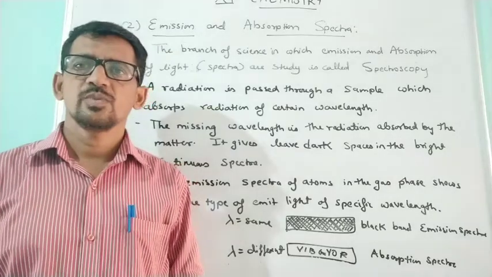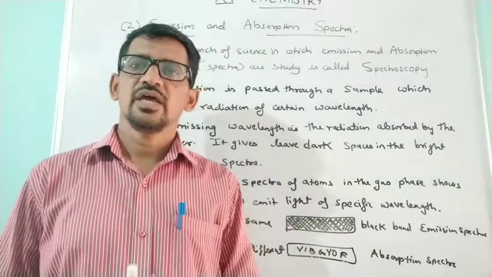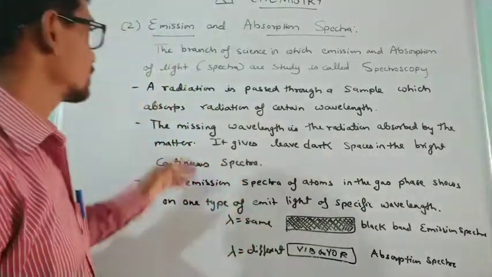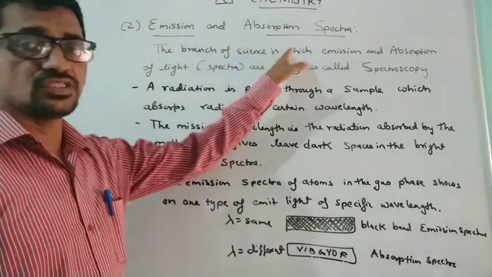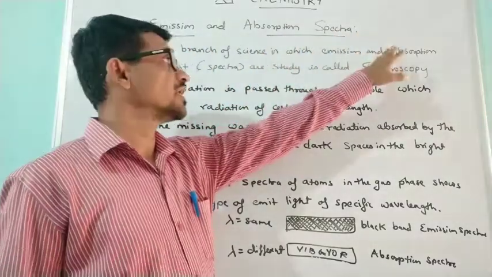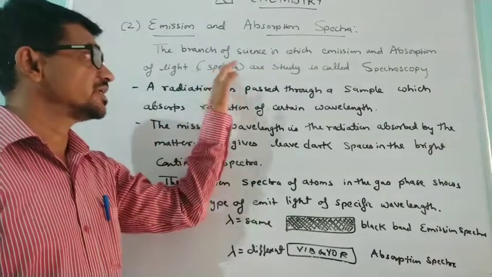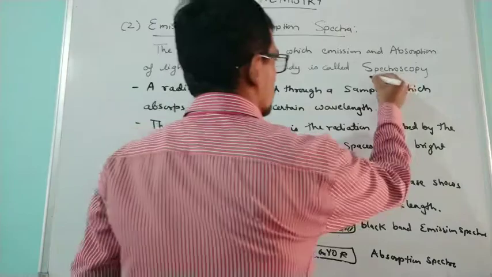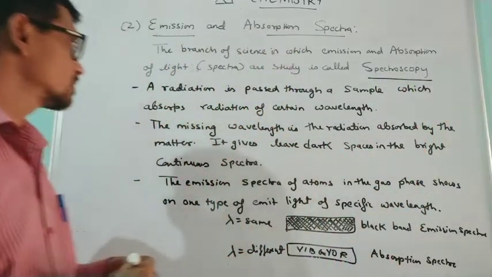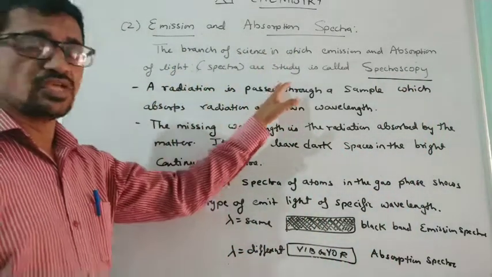Okay, second topic is about emission and absorption spectra. The branch of science in which this absorption and emission spectra is studied, that spectra means the light, is known as spectroscopy. Radiation is passed to the sample.